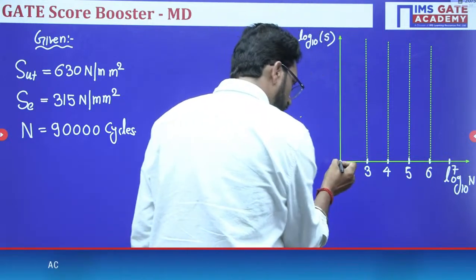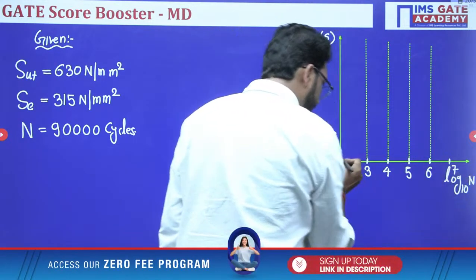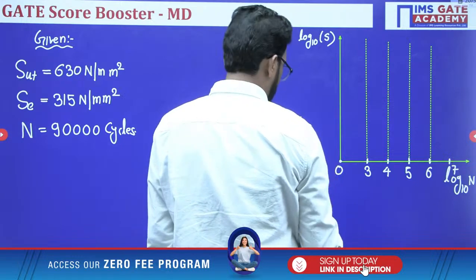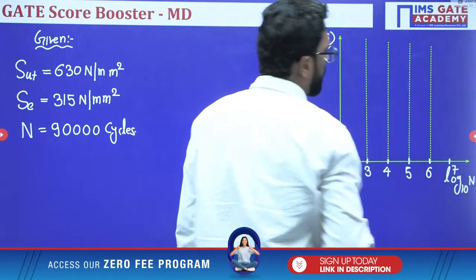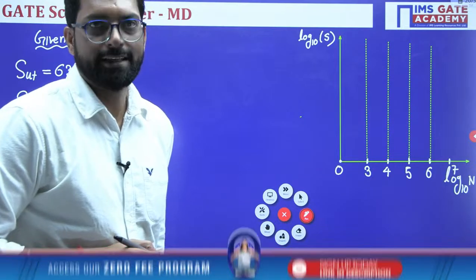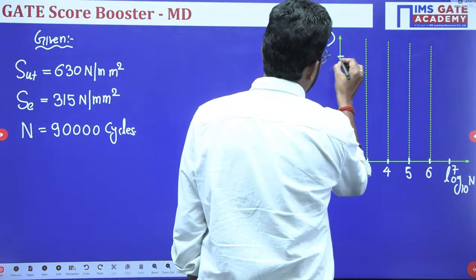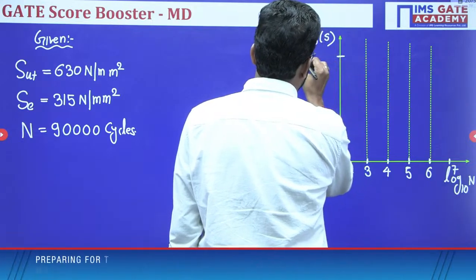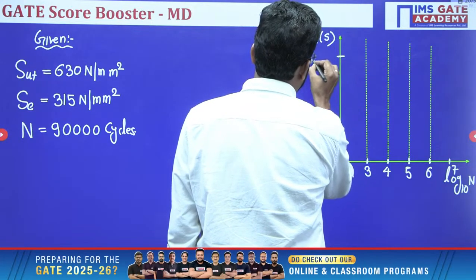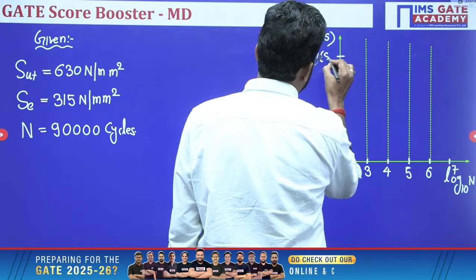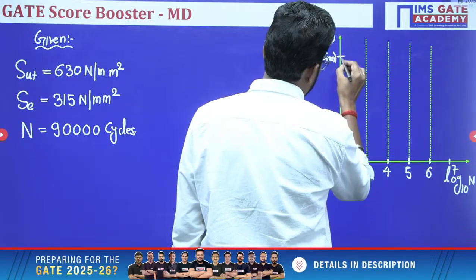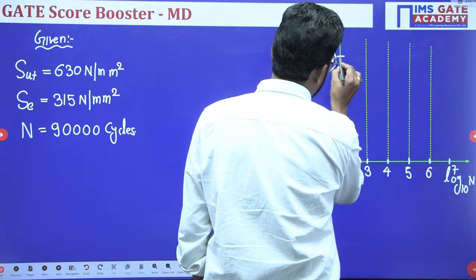Now, corresponding to the number of cycles, the strength is the material strength. Here log base 10 Sm is called material strength. From here to 10 to the power 3 it will reduce.